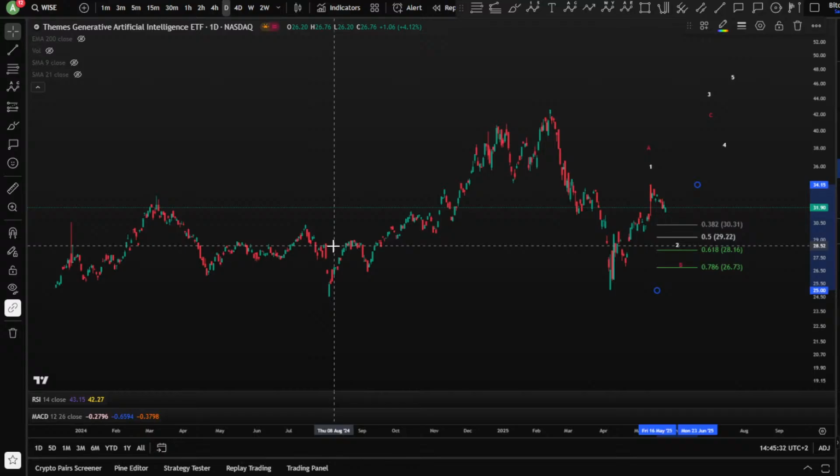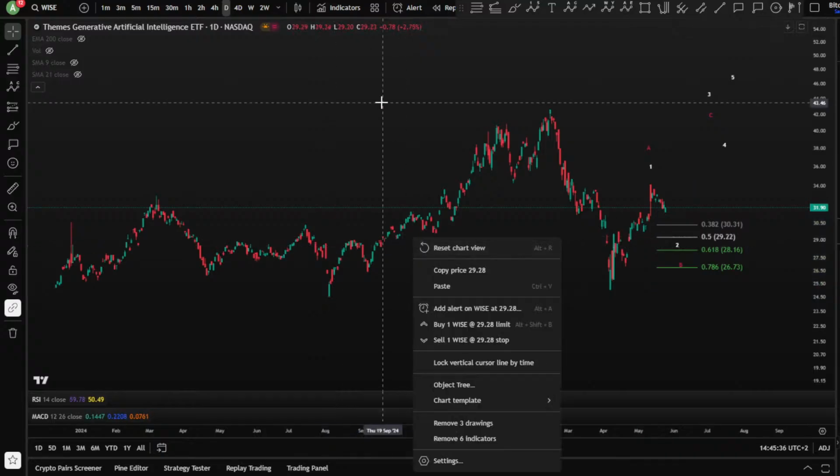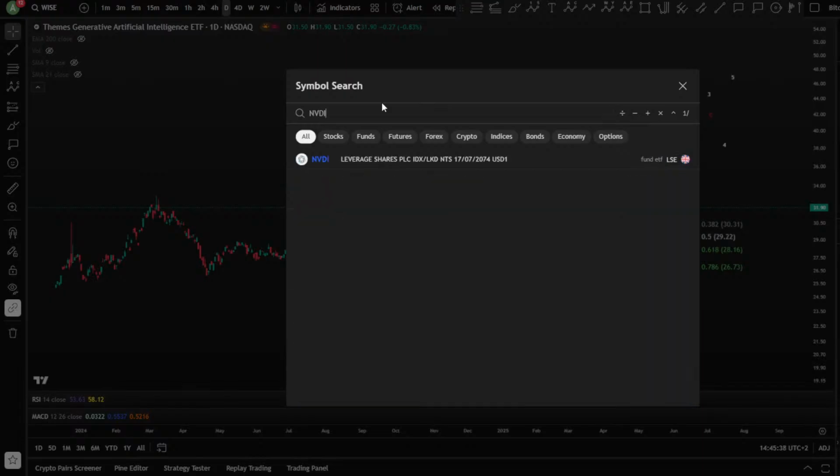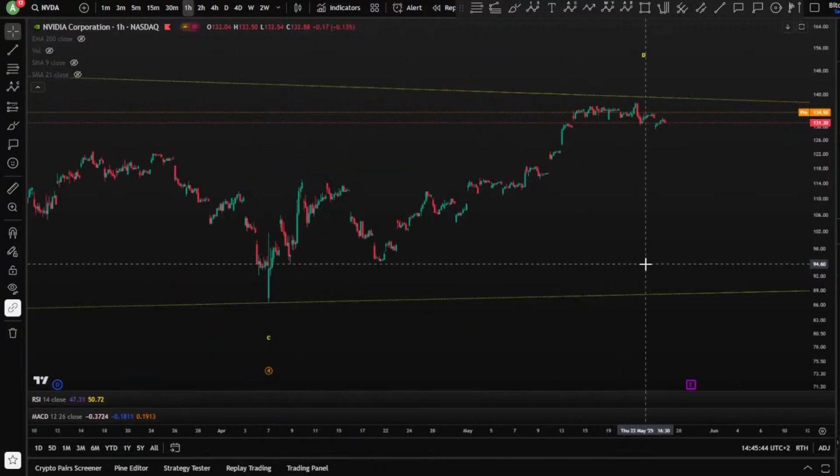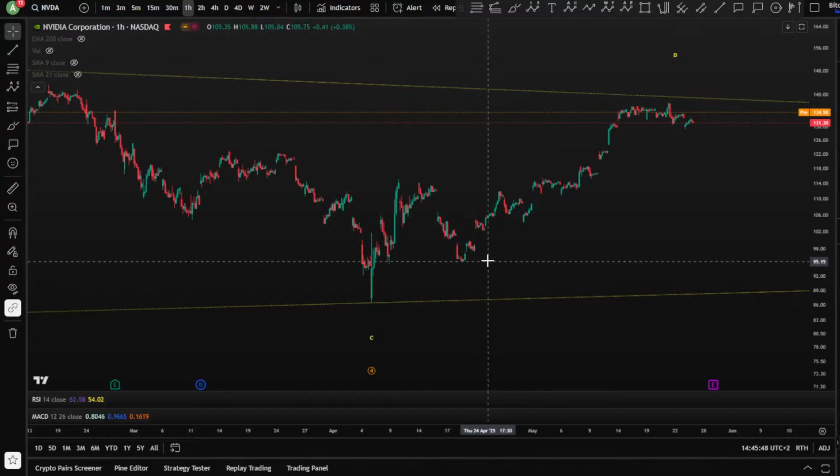Also wave 3 is a bit too short compared to the leading diagonal. Let's see what you mean. Nvidia. If you're not right, therefore you have to apologize and say thank you for the analysis. Okay, Fabio. All right, so let's start here.